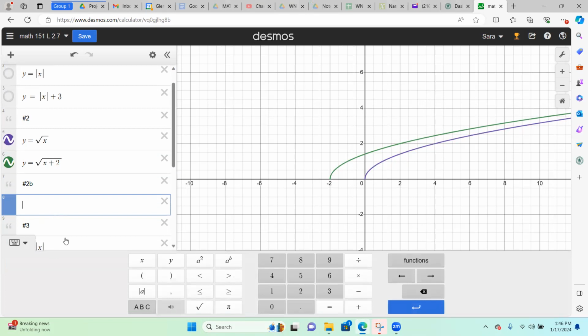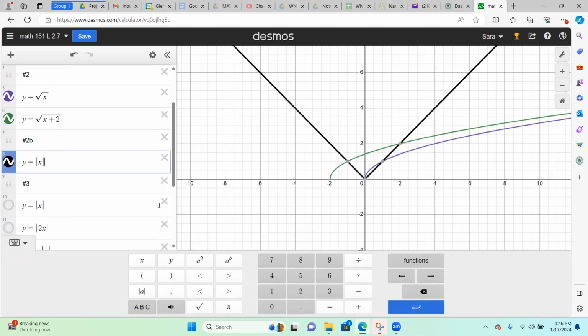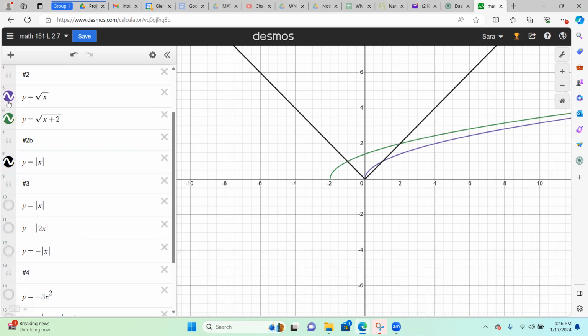So 2b. Let me turn off those graphs here. For 2b, the base function is going to be the absolute value of x.